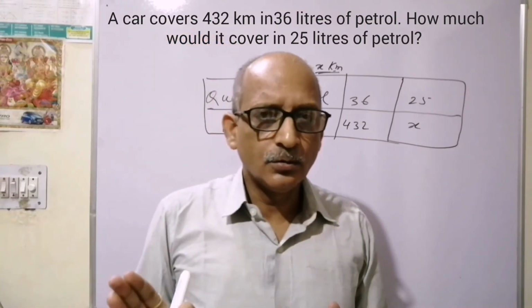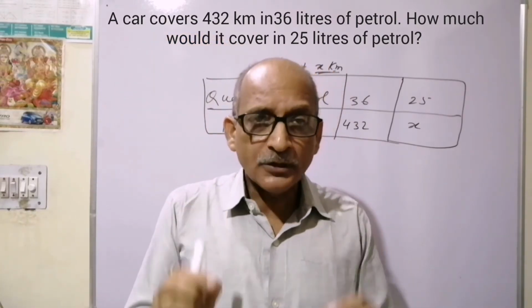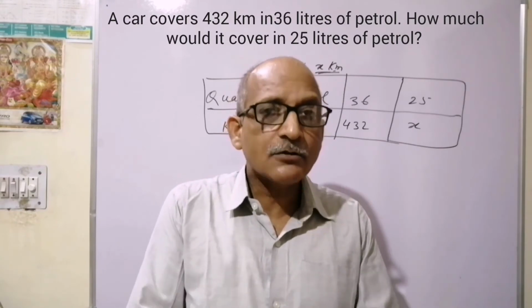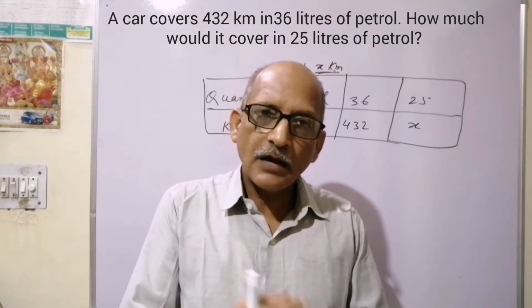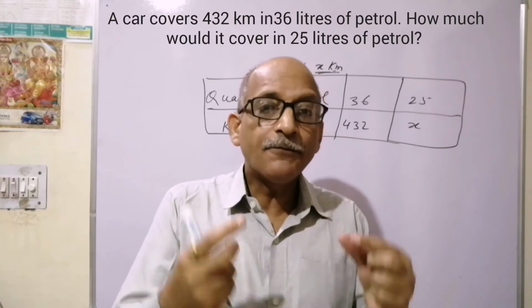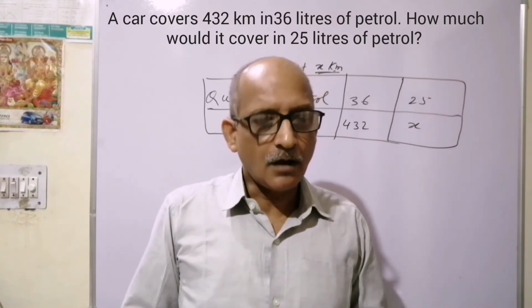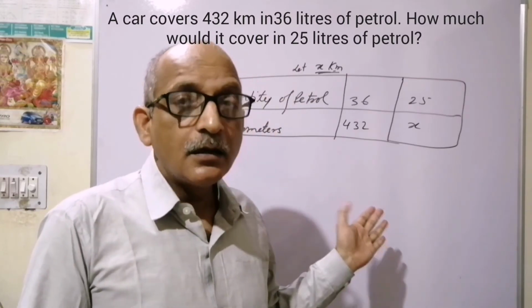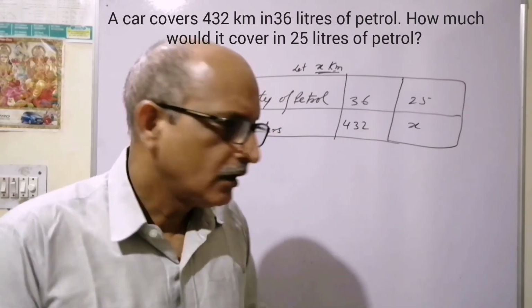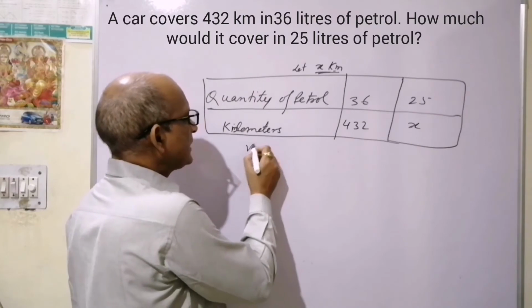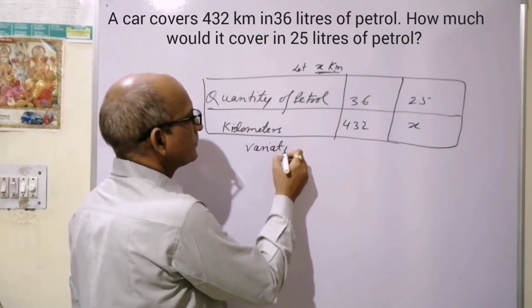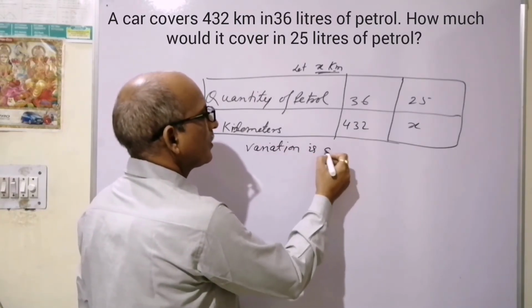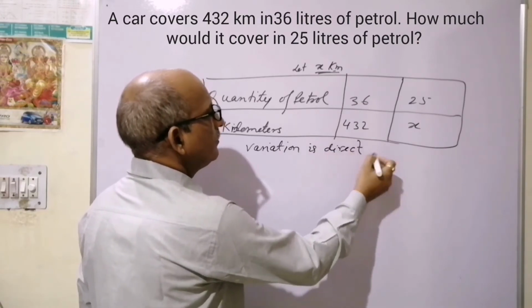Now, after this step, we have to think whether the variation is direct or inverse. Nothing much to do here. We have to think only that when there is less quantity of petrol, the car will go less distance. If the quantity of petrol is increased, obviously the car will go more distance. So what type of variation is this? Clearly direct. So we'll write here variation is direct.